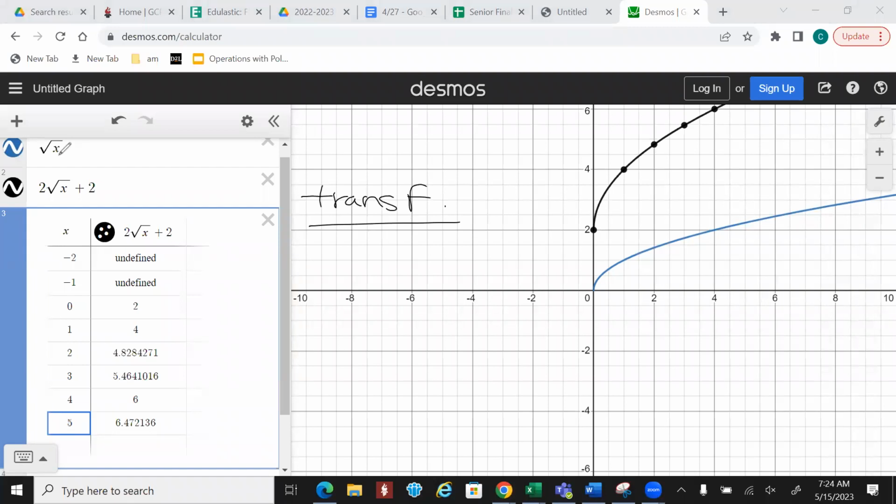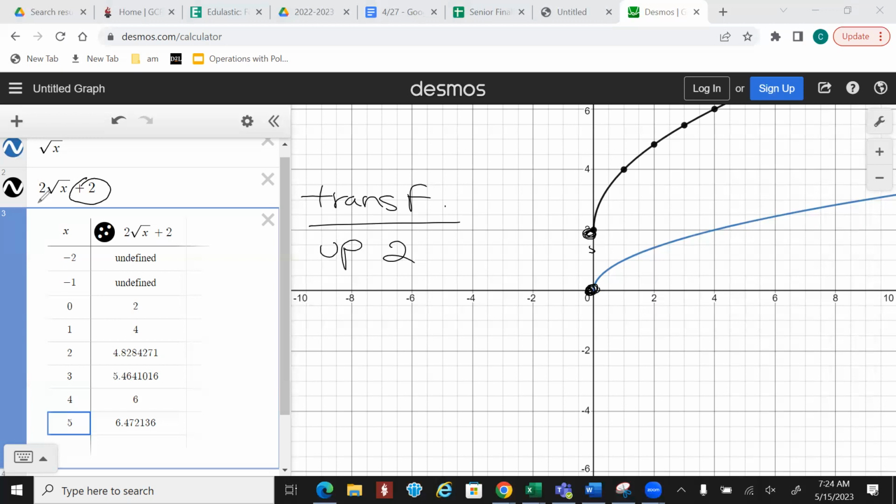What happened between here and here, the blue to the black? Took away the 2. From blue, down here, to black, where did it move? Up 2. We can see that from our equation.